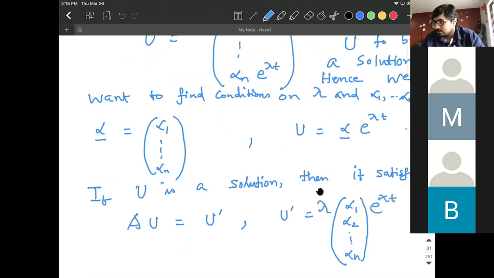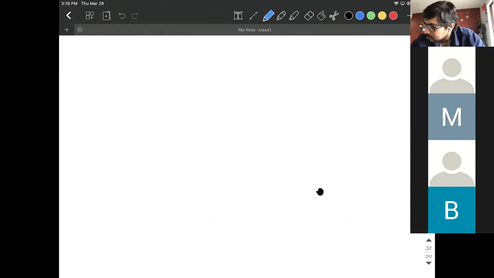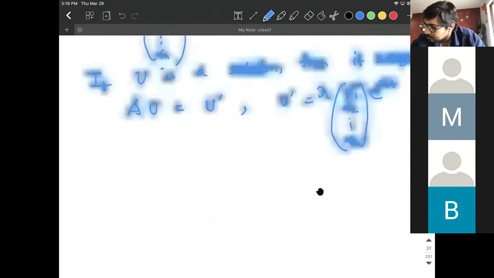You just take the derivative on each component. Each component's derivative is lambda alpha i e to the lambda t, and hence you can take out lambda. The vector alpha 1 up to alpha n remains the same, and then e to the lambda t.